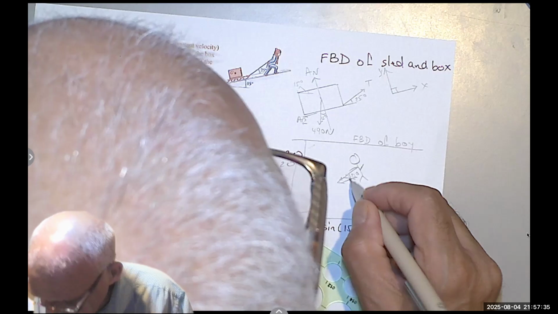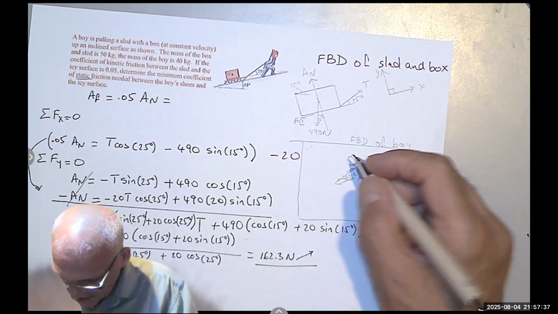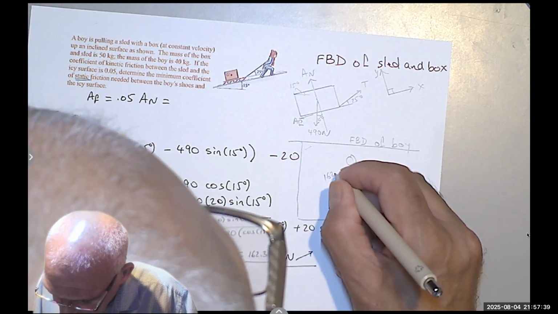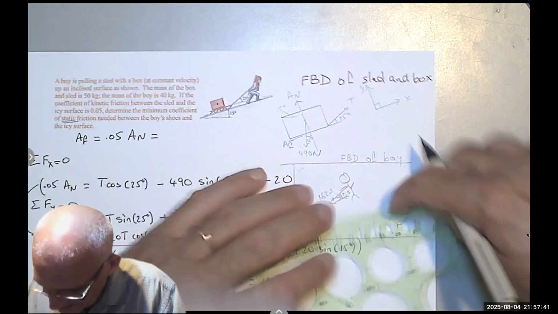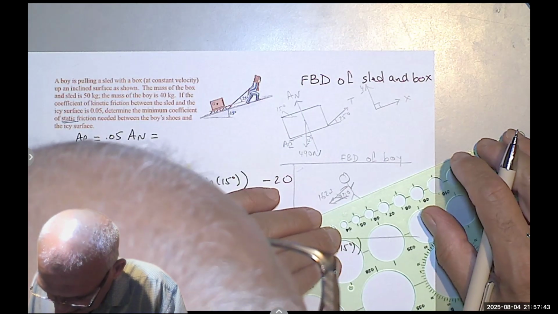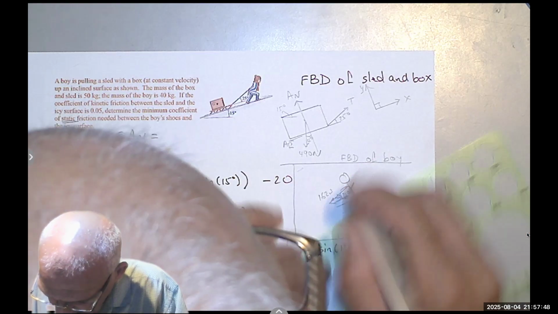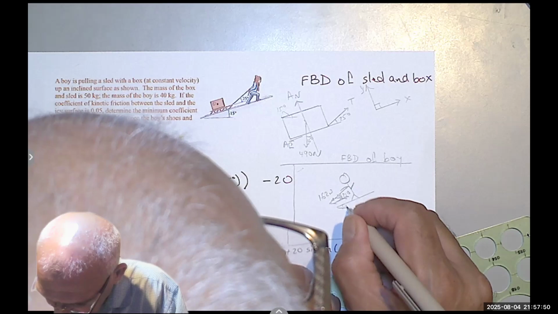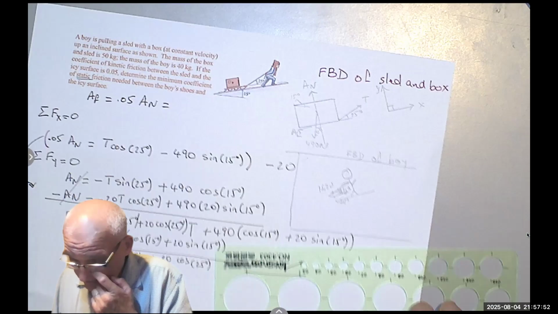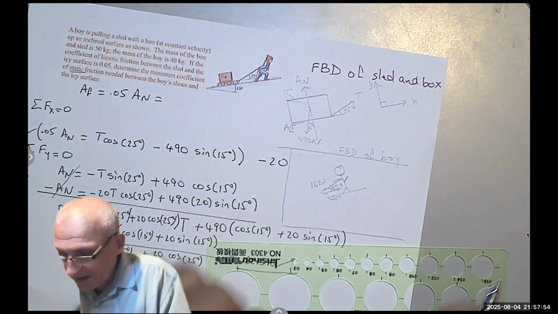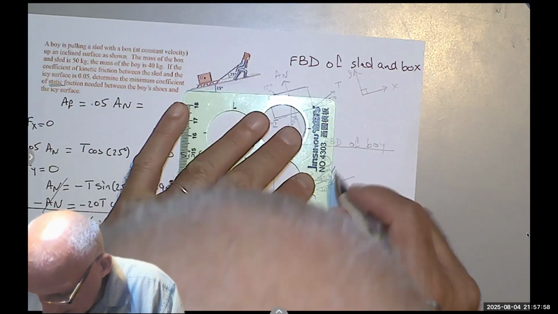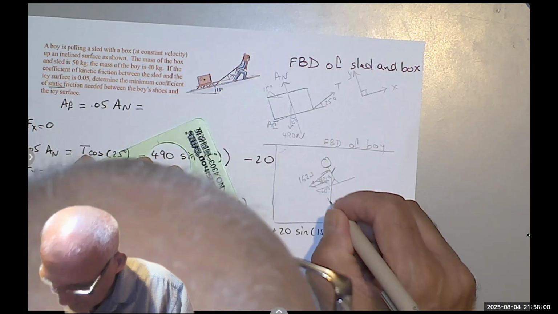I'm sorry, this angle is 25 degrees, and this tension is 162.3. He's standing on the incline, and the incline is making an angle of 15 degrees here. His mass is 40 kilogram.